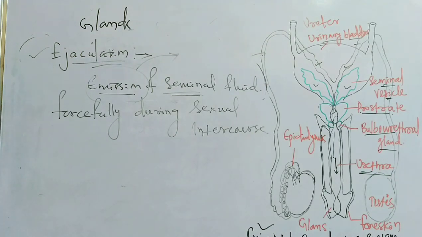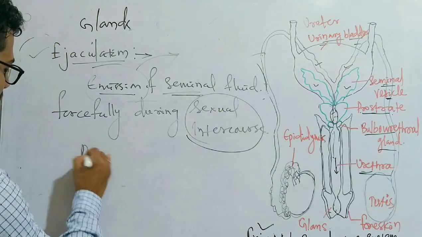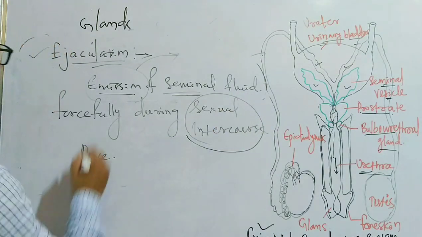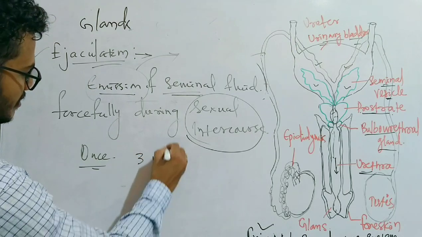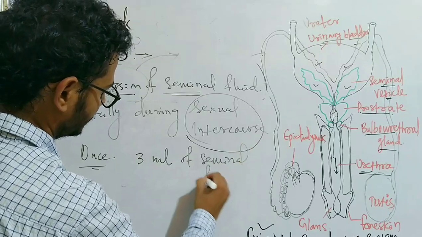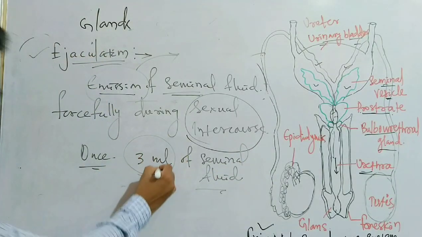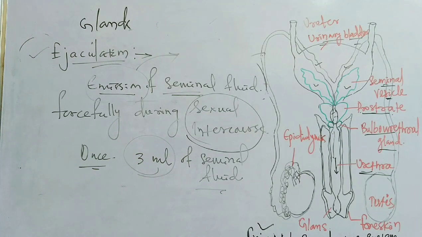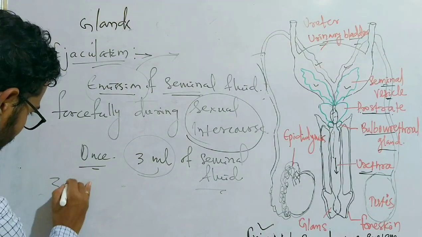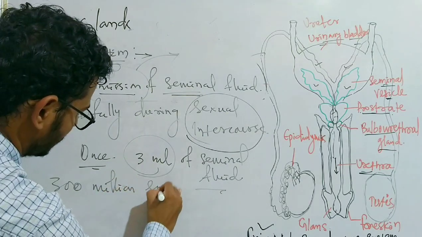So during sexual intercourse, during one ejaculation, 3 ml of seminal fluid comes out, and in that 3 ml of fluid, 300 million spermatozoa are there.